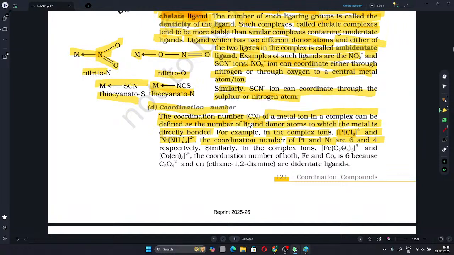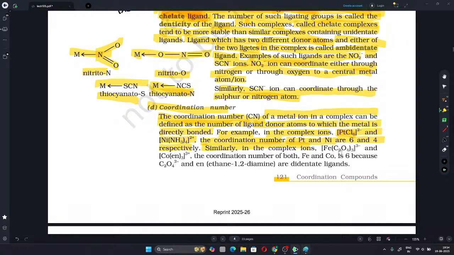In platinum, a single platinum ion is bonded to 6 chloride ions, and in nickel, 4 ammonia ligands are bonded to a single nickel ion. So the coordination number in platinum is 6, and in nickel it is 4.